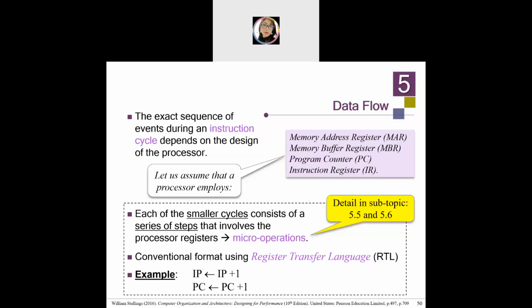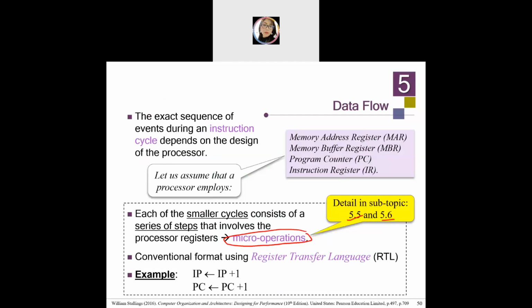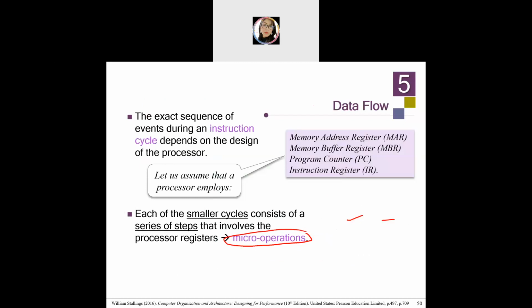So we're going to go deeper for our micro operation later on in our subtopic 5.5 and 5.6. Okay, under our fetch cycle, we're going to go deeper. Just now is our general part on our data flow.